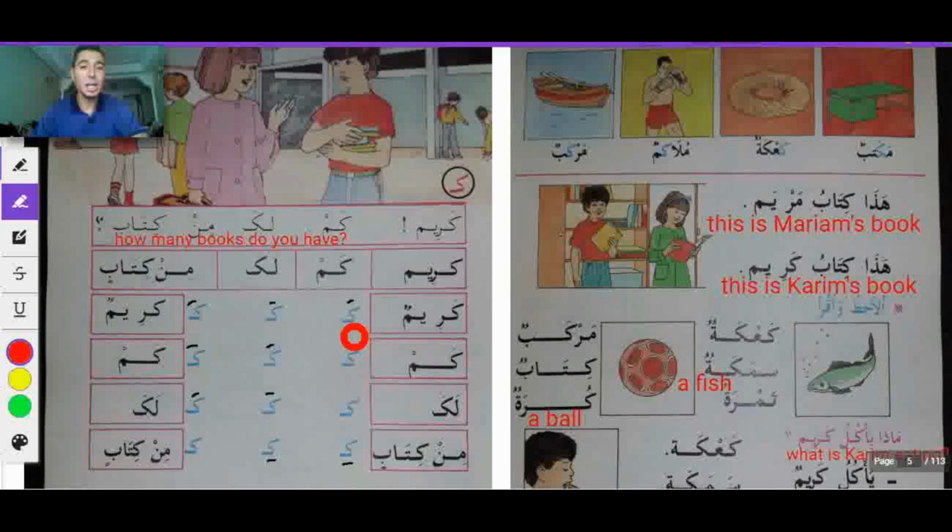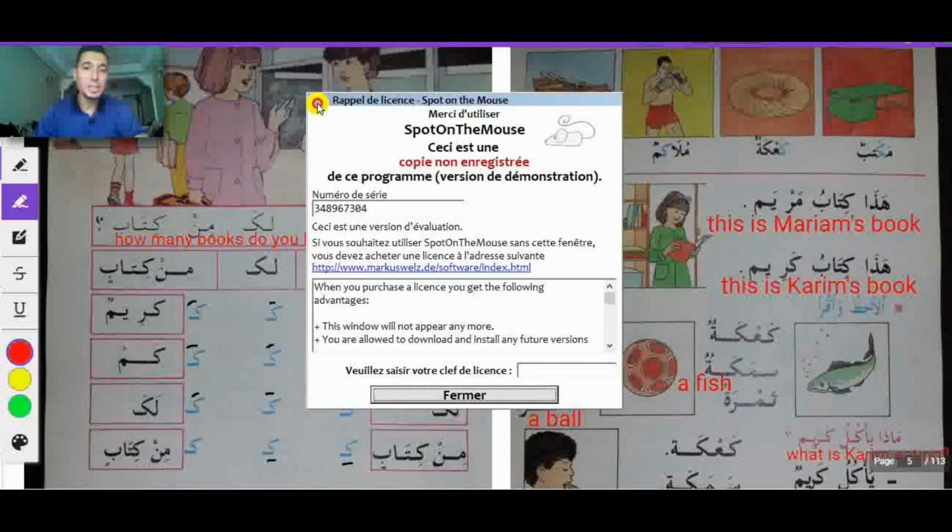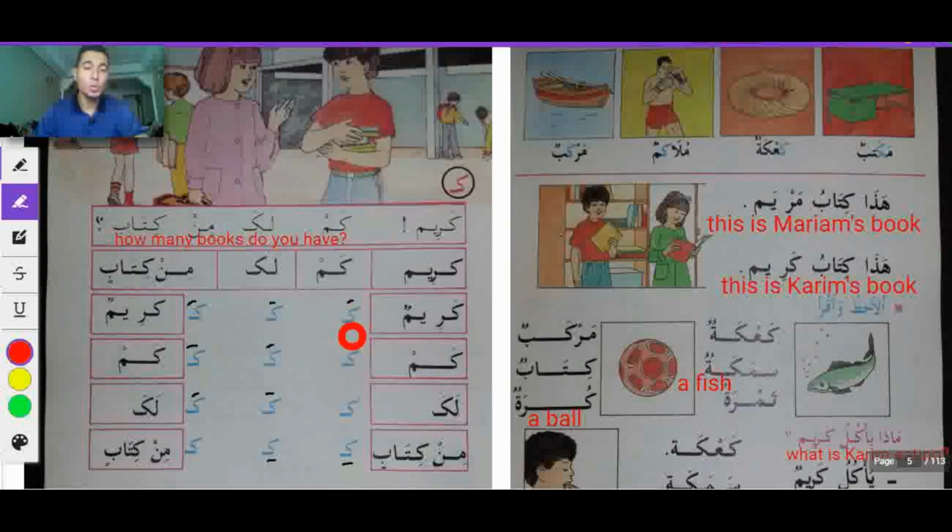So we have the sound k in the beginning of the word كريم, which is ka, and we've already seen the vowels in the first video. Whenever we have this fatha above the letter, the sound k, we will say ka, karimun.